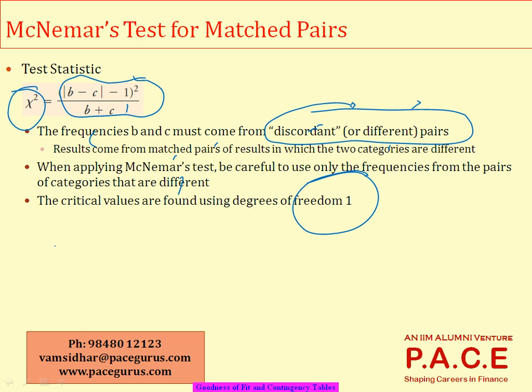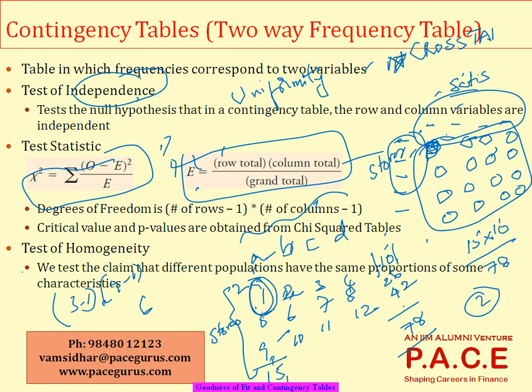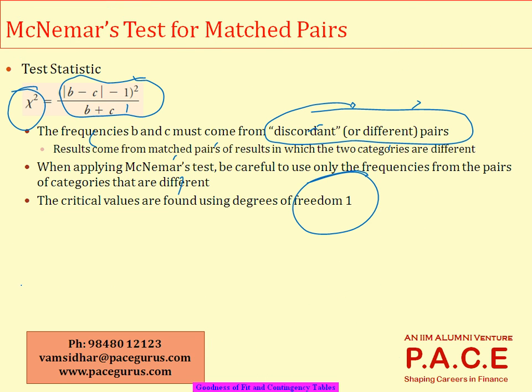This is more like a simplified or specialized version of your contingency table analysis, where you can get only two possible outputs for each variable and you are testing the 2 by 2. The degrees of freedom is 1 because it is row minus 1 into column minus 1, as we discussed earlier: 2 minus 1 into 2 minus 1 gives degrees of freedom equal to 1.